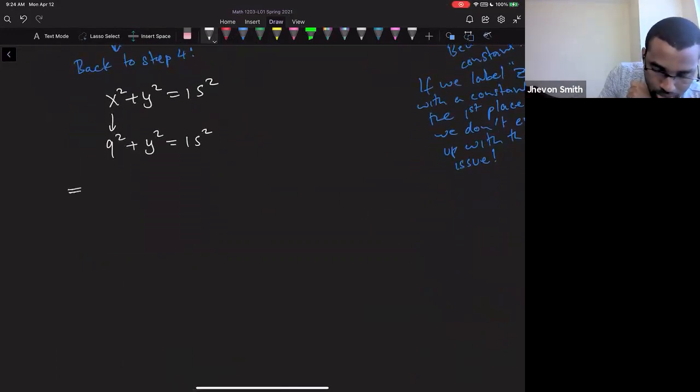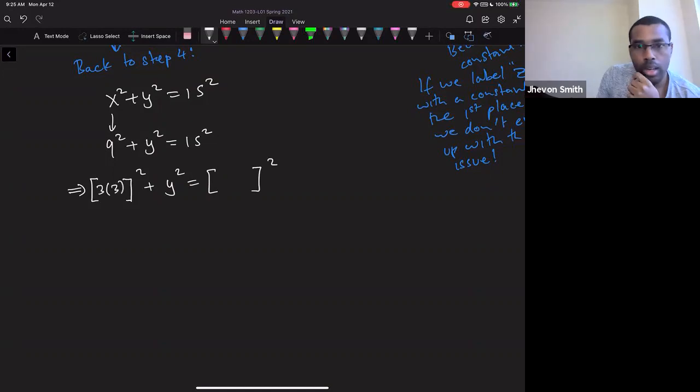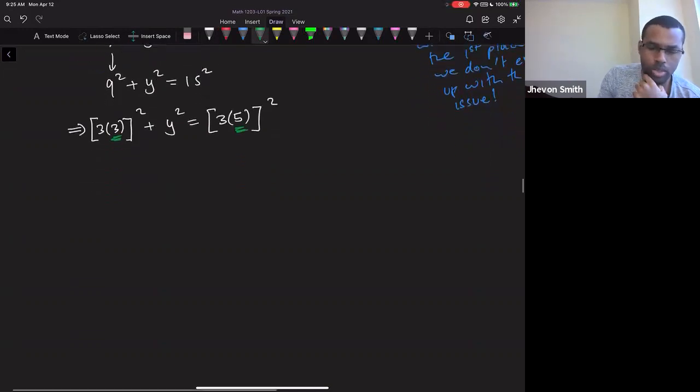Notice what I have here: 9 is 3 times 3. 15 is 3 times 5. That should remind you of a little thing back in high school geometry as well. You guys know what I'm talking about? What kind of triangle is this? Has a name?